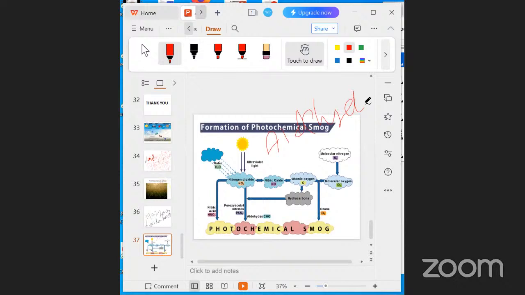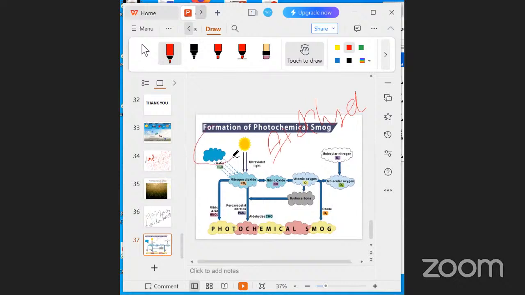So this air pollution is formed when solar radiation reacts with the primary airborne pollutants emitted from automobiles, industries, and power plants, and so on.